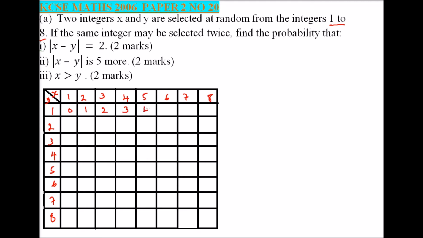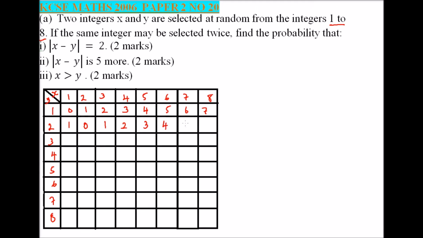You get 4, 5, 6, and 7. So 2 minus 1 is 1. 2 minus 2 is 0. 2 minus 3 is 1. 2 minus 4 is 2. So you can see there is a pattern. You can just fill the table.